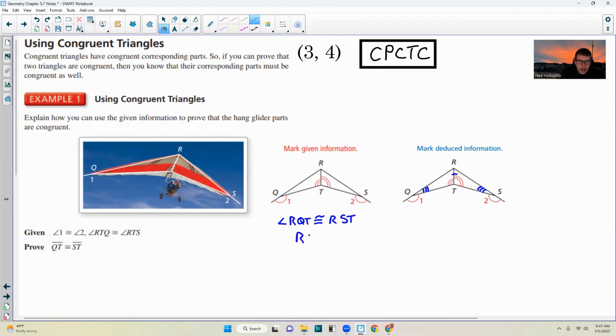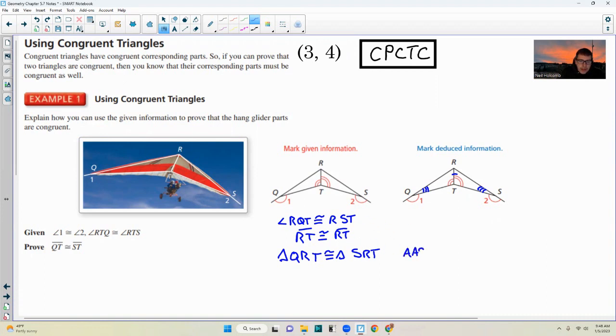So I could say RT is congruent to RT. That's the reflexive property. Now I have an angle, a second angle, and a side. So now I can say triangle QRT is congruent to triangle SRT.